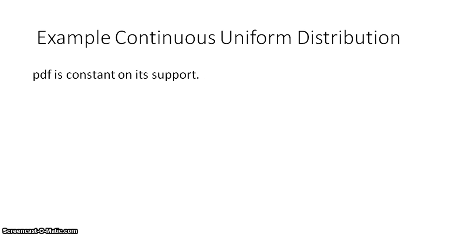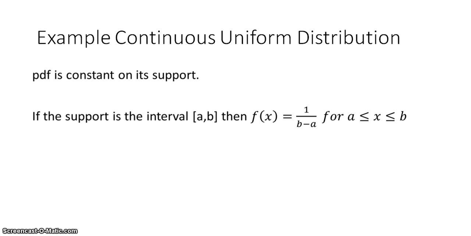So let's look at an example with a continuous uniform distribution. A continuous uniform distribution has a probability density function that is constant on its support. If the support is an interval from a to b, then little f of x is going to equal 1 divided by b minus a for x between a and b.